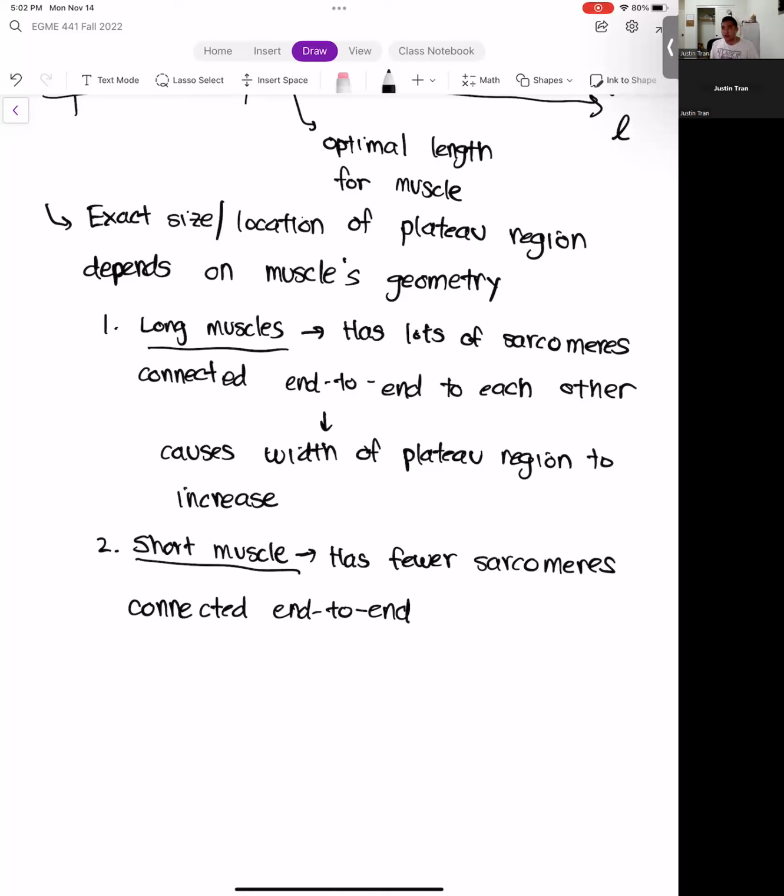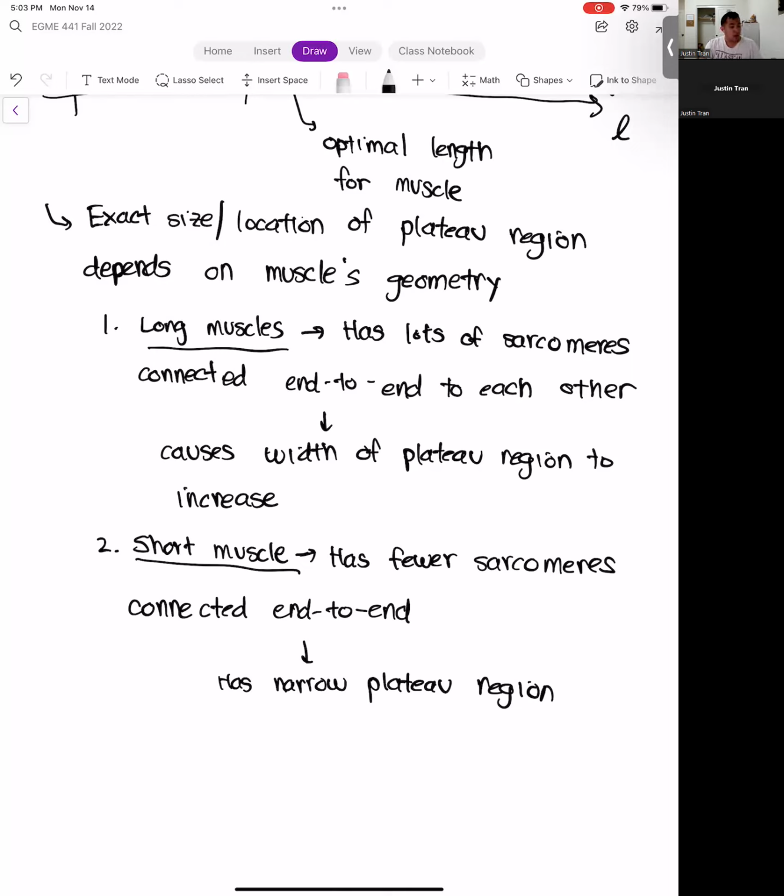And so you would expect the opposite to occur: instead of a very wide plateau region, this has a very narrow plateau region. And that's the two extremes.